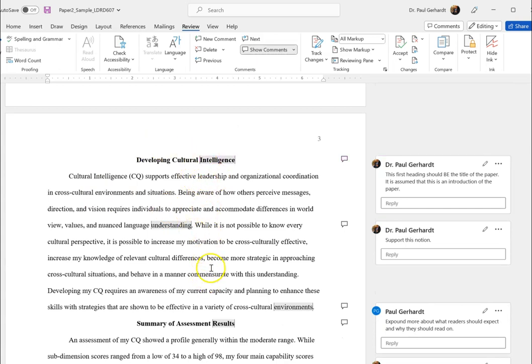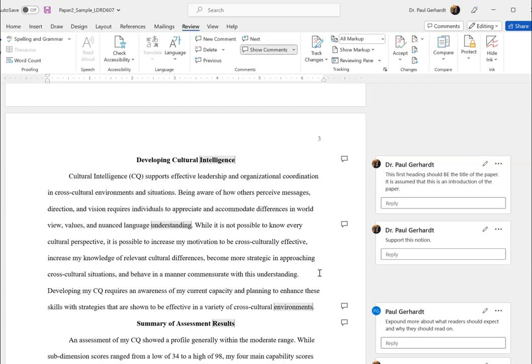It is assumed in APA 7 that this first paragraph is an introduction, and the introduction is written in present terms. Do not write, this paper will do this, because the paper is already written when people are reading it.